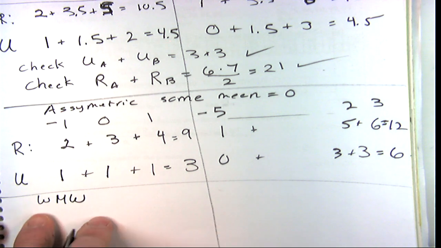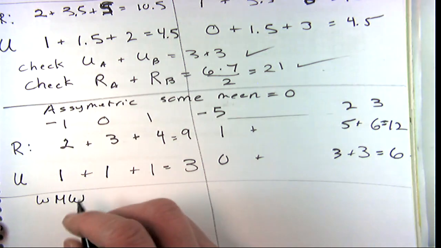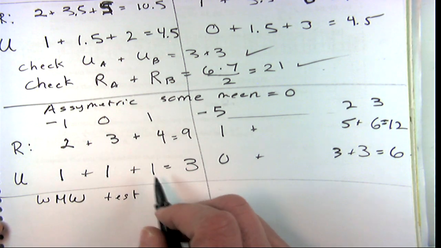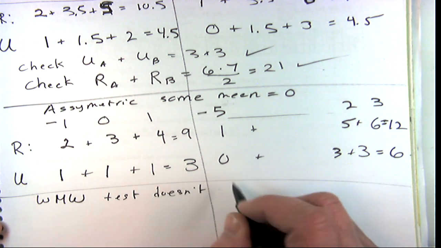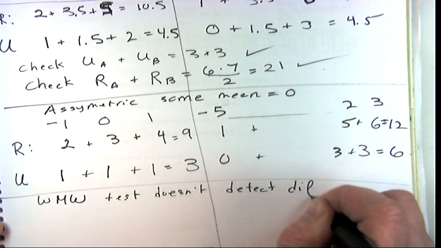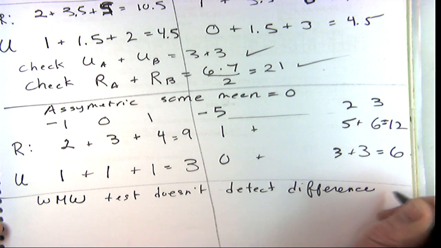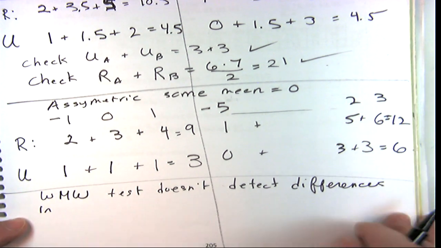So this type of test, that's what it's called, the Wilcoxon Mann-Whitney test, the U-test, doesn't detect differences in distributions with the same mean if they're symmetric around the mean.